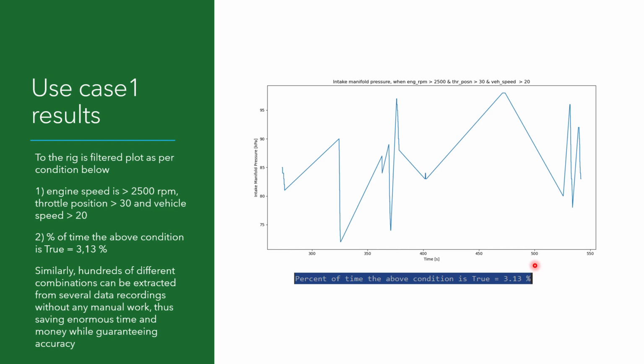Now just imagine, this is a very simple case that everyone has to analyze. What if there are several of these kinds of conditions that you need for your analysis, for your calibration work, and you have to do this kind of analysis over 100 or 1000 files? Then you can understand the complexity of the situation.